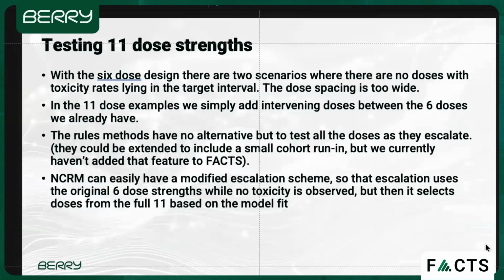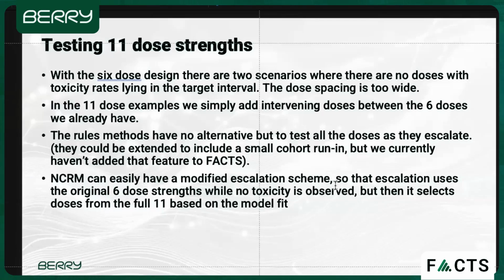So skipping right ahead to testing 11 doses, we simply repeat what we've done, but now we have all 11 doses present and the simulation scenarios expanded to include the toxicity rates at the intervening values. The other change we make is that we allow NCRM a modified escalation scheme.